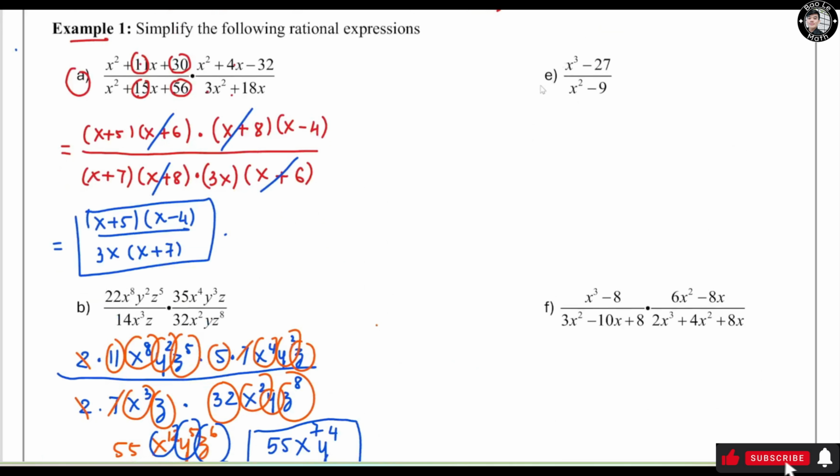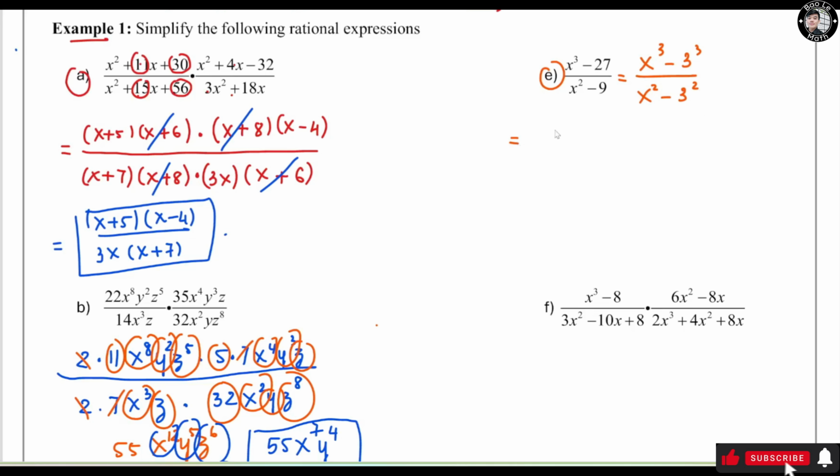Now question E. We're going to use difference of 2 cubes to factor the top first, right? So it could be s cubed minus 3 cubed over the bottom s squared minus 3 squared, which is a difference of 2 squares, right?